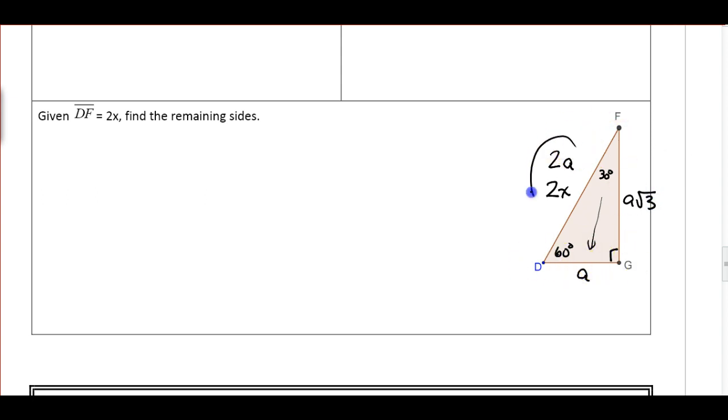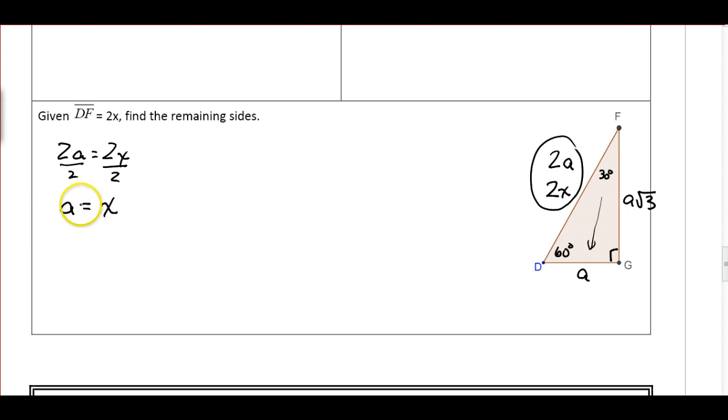Alright, and again, here I have two pieces of information, so I can solve that for a. So I have 2a is equal to 2x, and don't get too worried about the fact that we have two different variables in here. So I divide both sides by 2, and I get that a is equal to x.